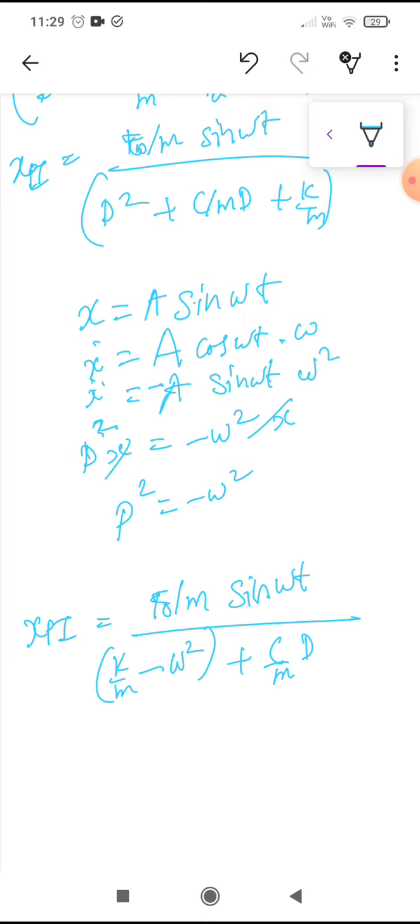So how can we convert this into a square? I will just multiply the denominator with the conjugate.